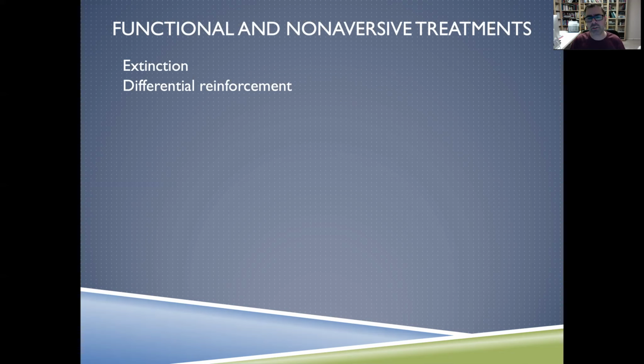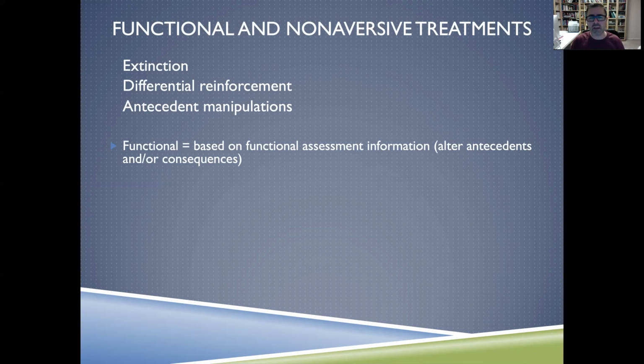Then the next procedure that we'll talk about in the next chapter is differential reinforcement, and then of course, antecedent manipulations. Now, as I mentioned, they're functional because they're based on the information that has been gathered during the functional assessment, and the information that you get, of course, is about the causes of behavior, or the antecedents and consequences that are responsible for keeping the behavior going, right?